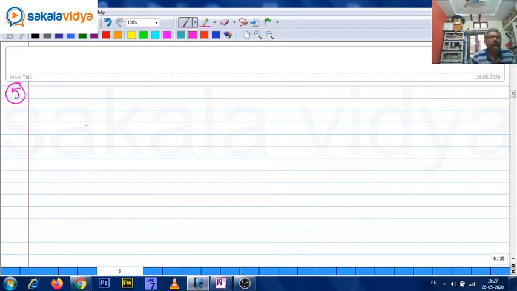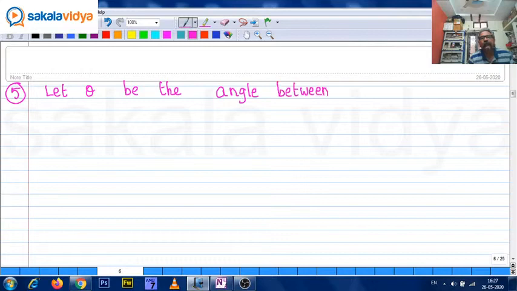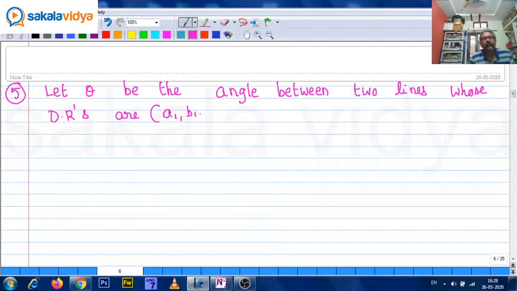Let theta be the angle between two lines whose DRs are a1, b1, c1 and a2, b2, c2.